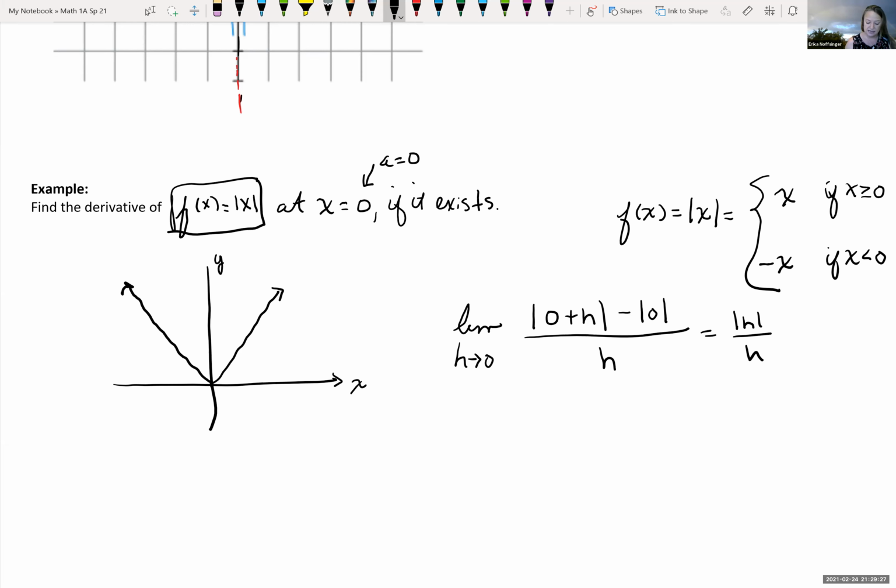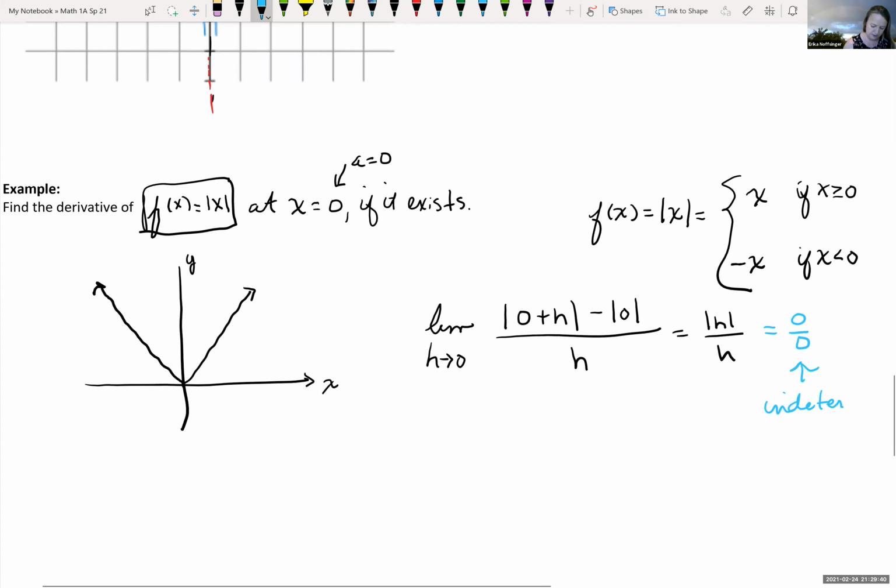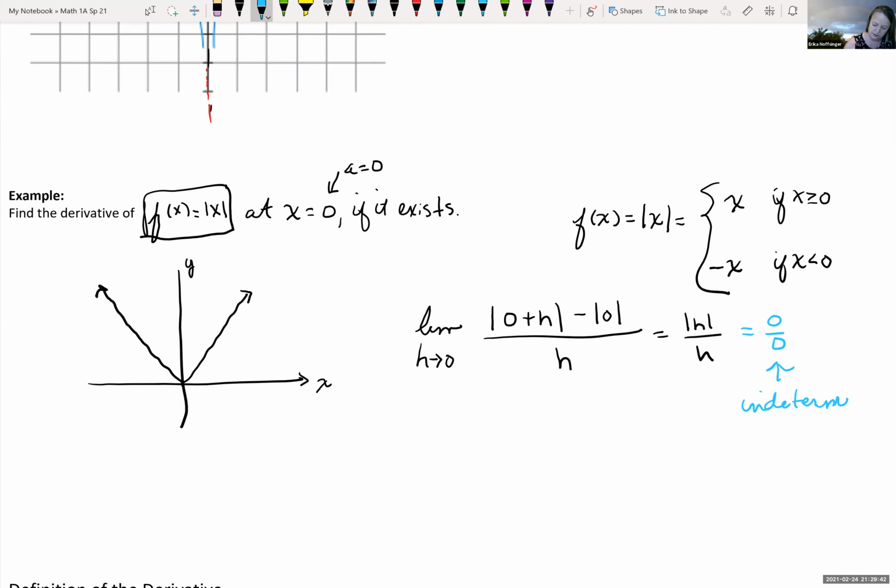Okay, so this again doesn't tell me anything. If I plug in 0 in here, I would get 0 over 0. And that's an indeterminate form, and that's where we would have to go back and manipulate it. So let's look at the limit as h is approaching 0 on the left-hand side.